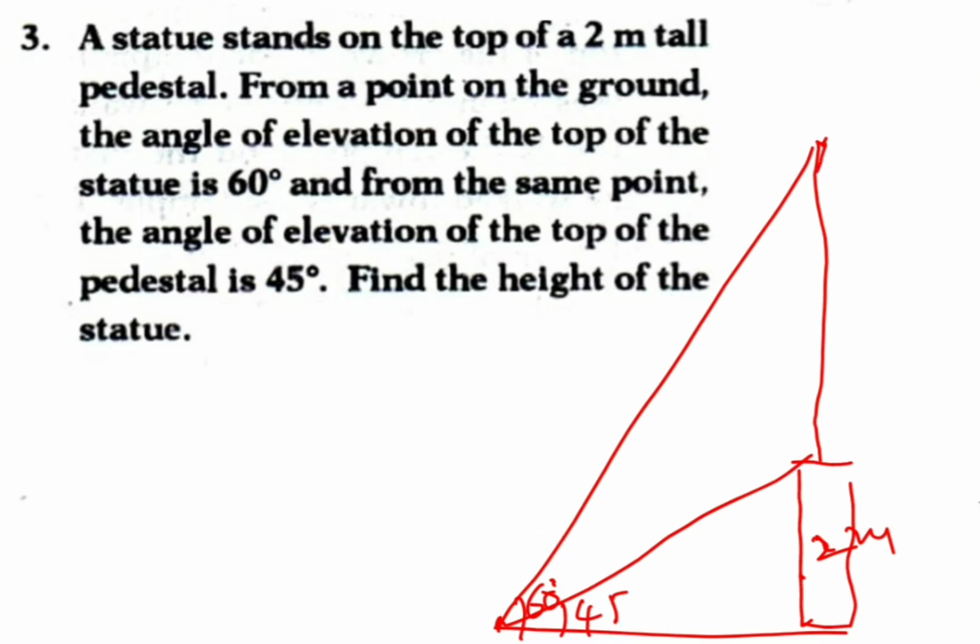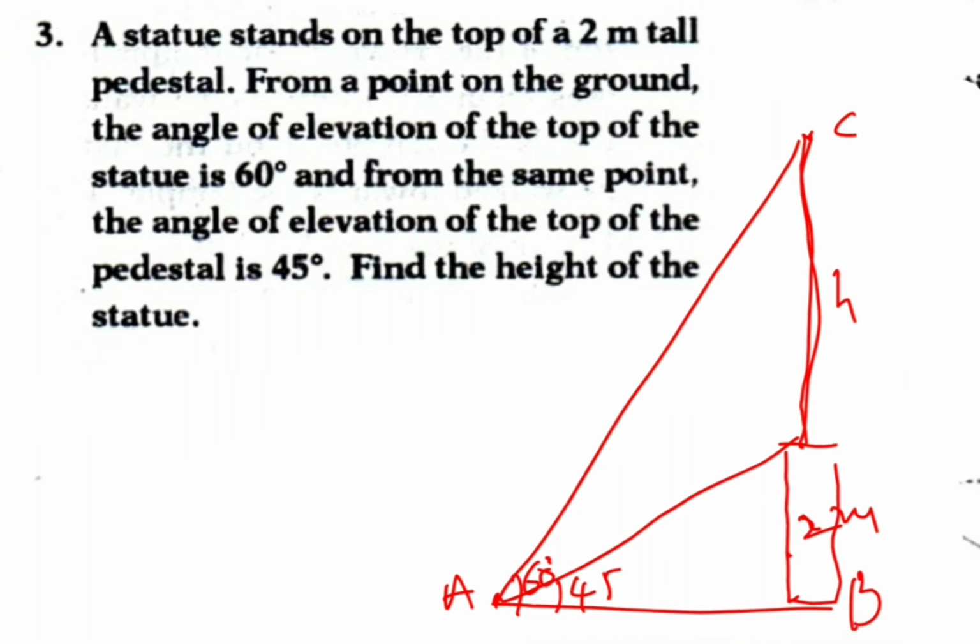We need to find this. Now A, B, C, D. This is T. Okay, this is the pedestal, 2 meters height, and there is a statue on this pedestal, h meters.